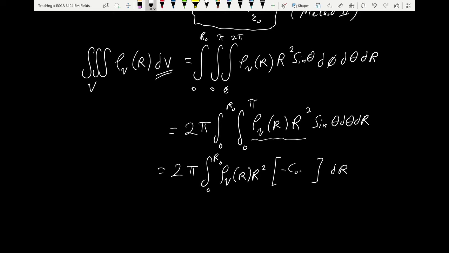Which is minus cosine theta. Differentiate cosine theta, you end up with minus sine. Minus cancels with minus. So this goes from 0 to pi. Cosine pi is minus 1, so this becomes 1. Did I do something wrong here?